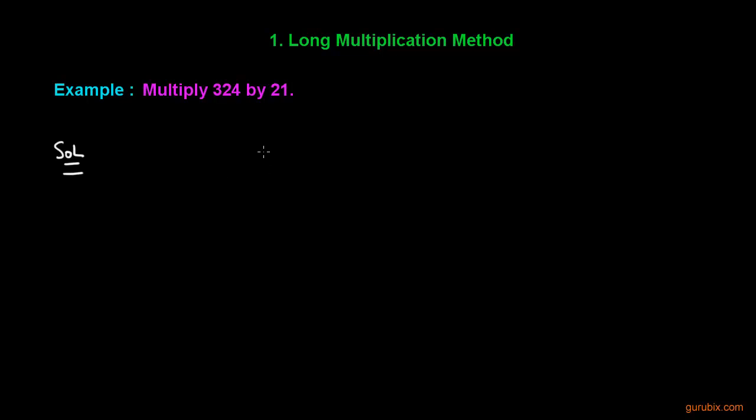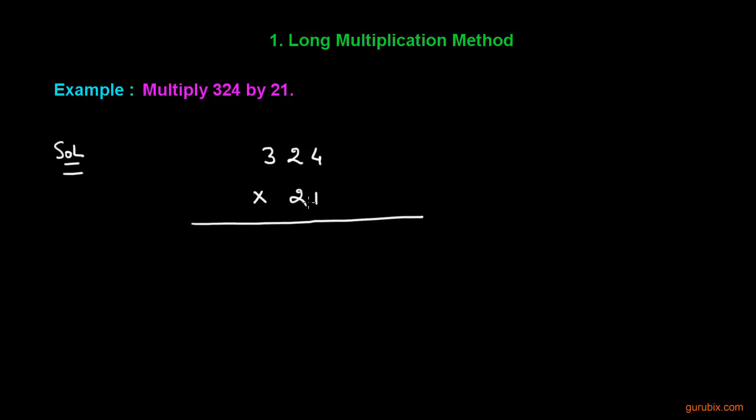First of all, we shall write 324 like this and 21 here, and now we shall draw this line and write the sign of multiplication. Now we shall multiply 324 by 1.